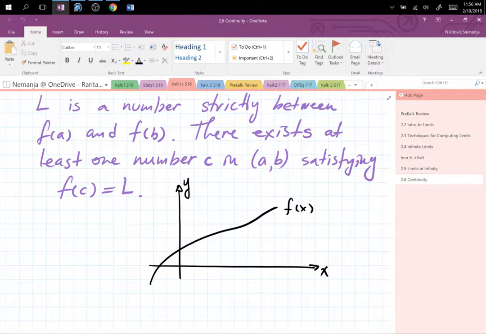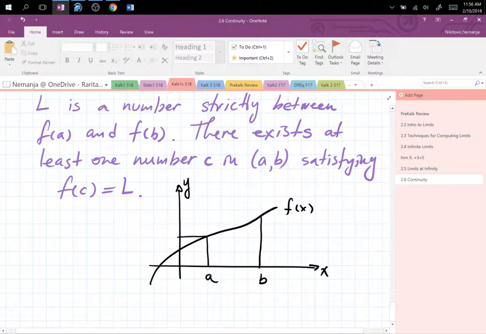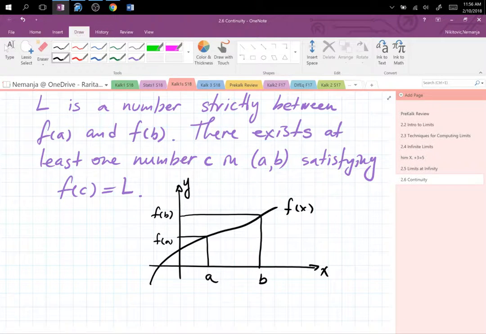So I have this, and now what I'm going to do is pick a and b, and then they will provide f of a and f of b. So what it says is that there is a number L that is strictly in between f of a and f of b.